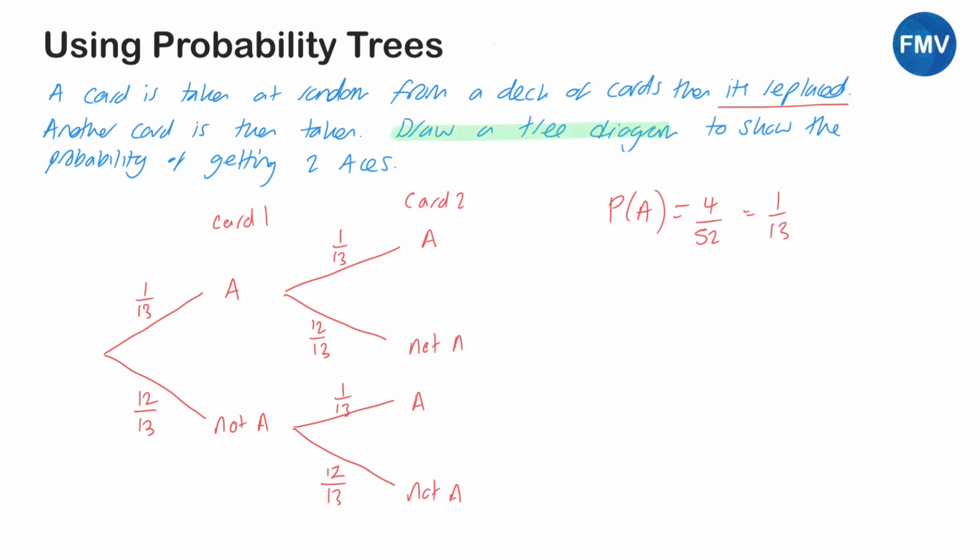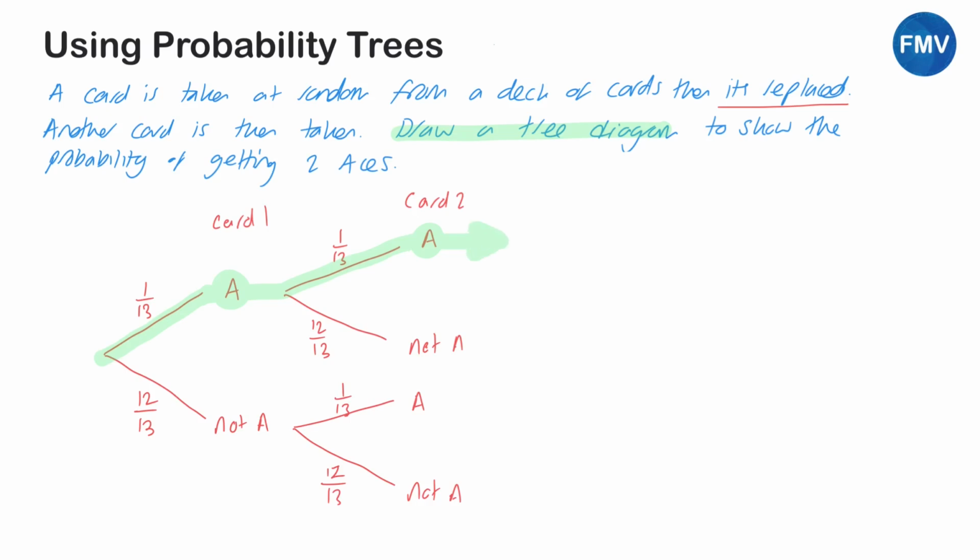So now we've drawn our tree diagram, so we've done this part of the question. Now the question says, show the probability of getting two aces. So let me just take this away. Now to do that, the best thing I would suggest is to use a highlighter and look at the chance of getting an ace. Well, an ace is here and an ace is here. So what path are you following? You're starting here, you're choosing a card, you're getting an ace, and you're going this way.